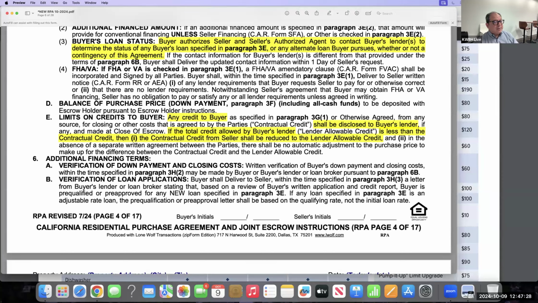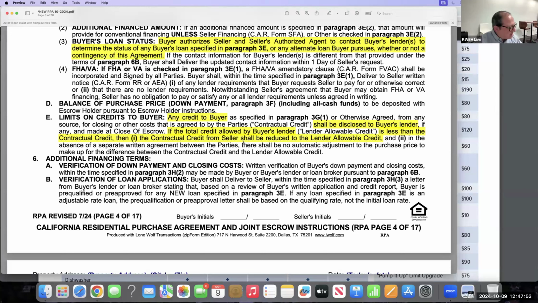You ask for 100,000 and the lender says no, we only allow 30,000. The contractual credit says 100. The contractual credit shall be reduced to the lender allowable credit. So if you wrote in your contract 100,000, everyone agreed to a 100,000 credit, and the lender says no, we only allow 30, you just lost $70,000 for your buyer.